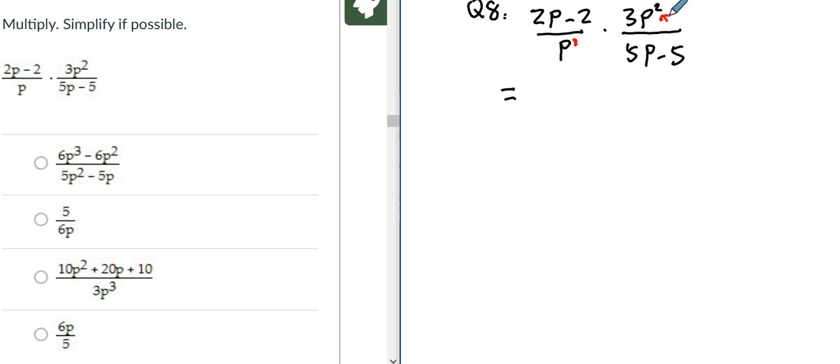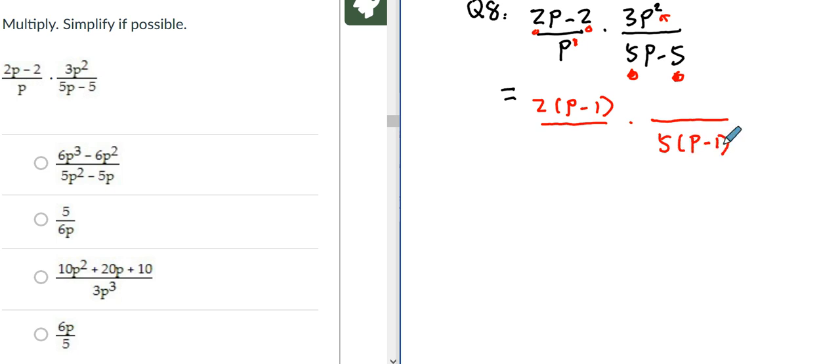So what we can do is we can first cancel 1p. But concurrently, we know there is a 2 here, 2 here, and 5 here, 5 here. So what we do is we pull 2 out, and then p minus 1. And then here, we leave it. And here, we pull 5 out, p minus 1.